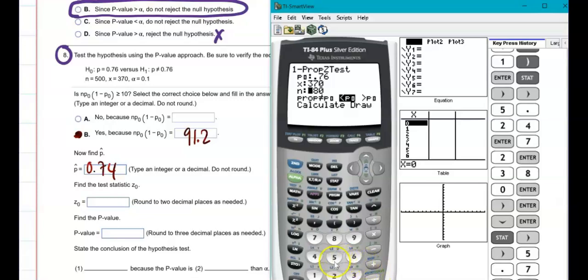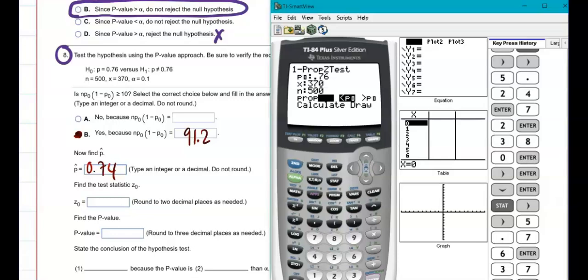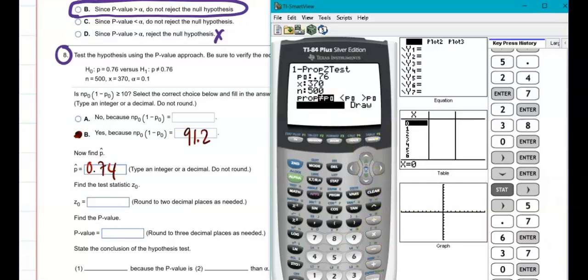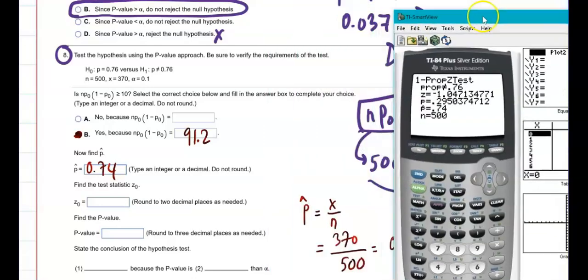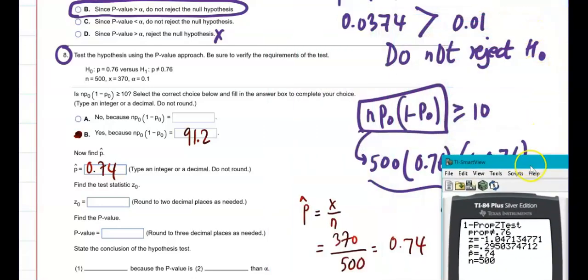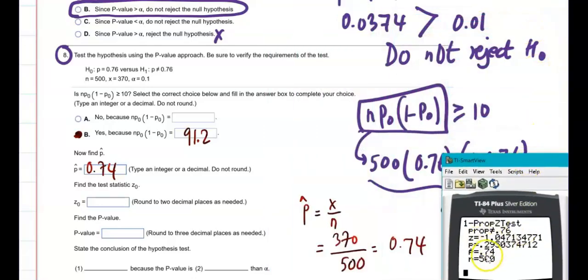N is going to be 500, enter. So you choose the two-tail test because it's not equal to, so you select this first one, enter. So this is selected, go to the next, Calculate and press enter. You see, p-hat 0.74 from here as well. That's what we get here, 0.74.